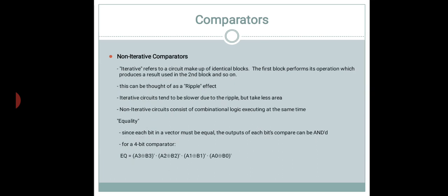After the comparator, we can have an iterative implementation of the comparator. The 4-bit comparator is represented here: A3 XOR B3, A2 XOR B2, A1 XOR B1 and A0 XOR B0, and all those terms are combined together.